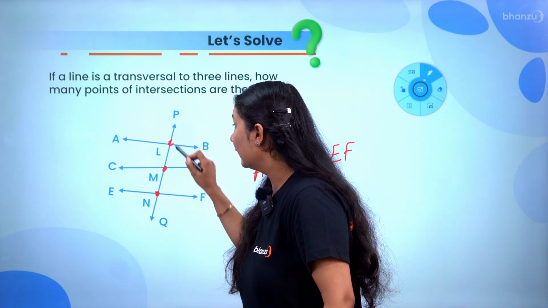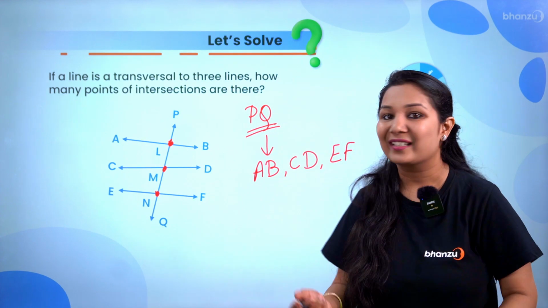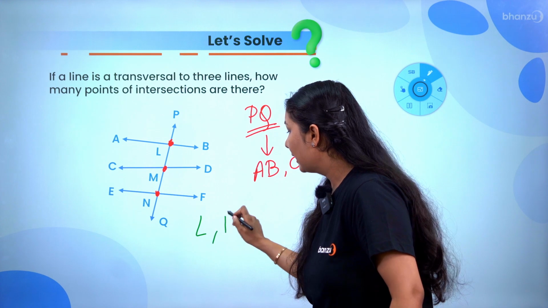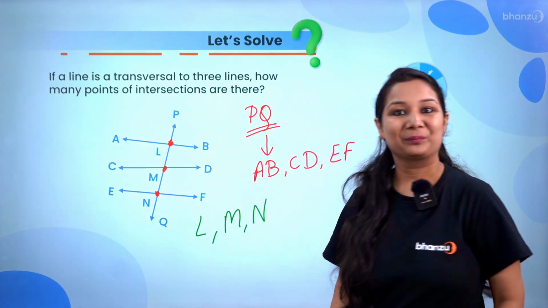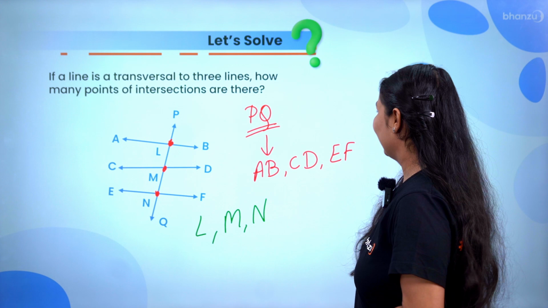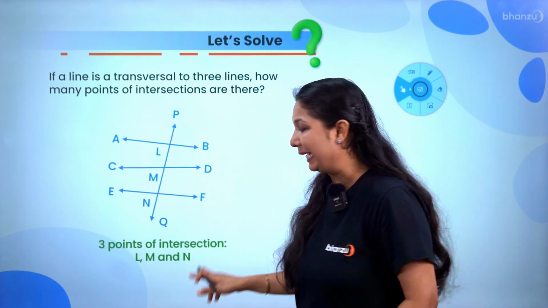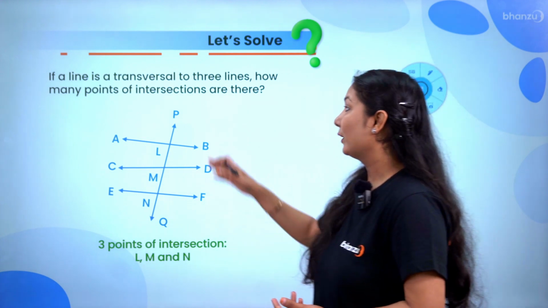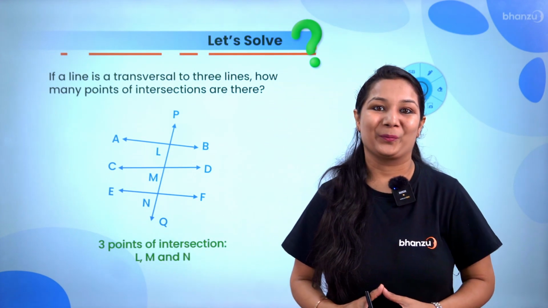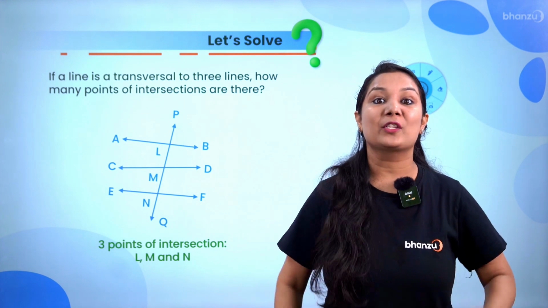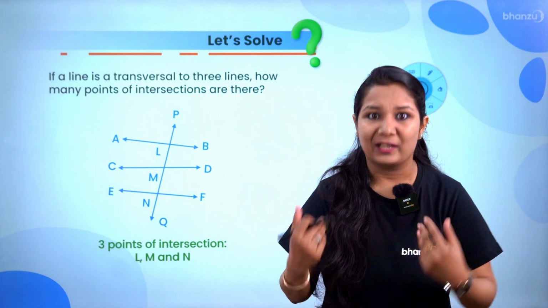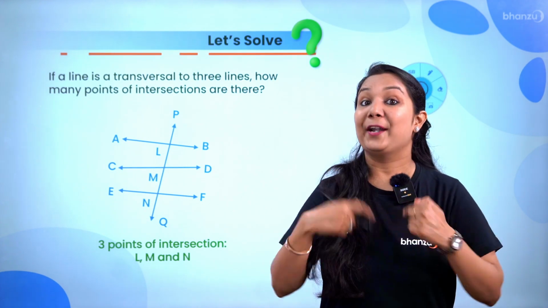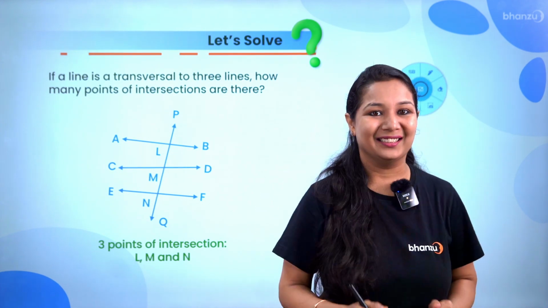And they are asking you the names of these three distinct points. It's L, M and N. Isn't that interesting? So L, M and N are the three points of intersection made by the transversal PQ. So this is how we solve the questions based on pairs of lines, that is intersecting lines and parallel lines, and also on transversal.